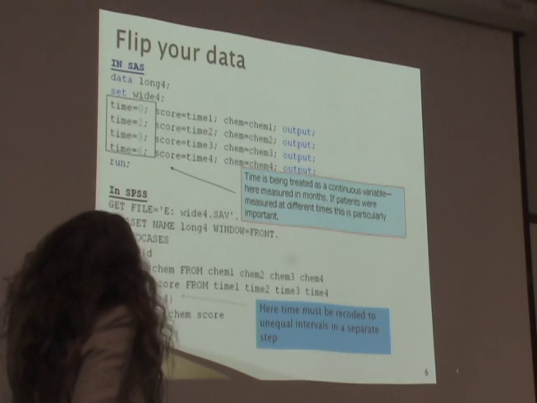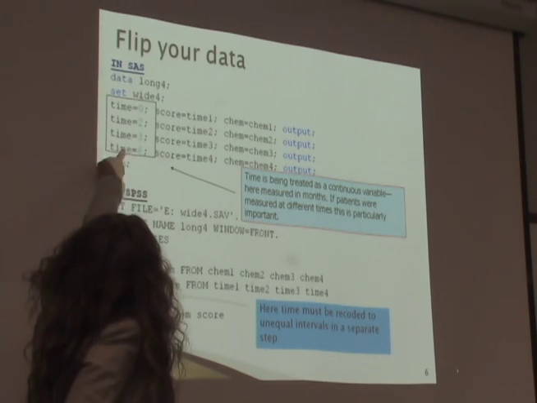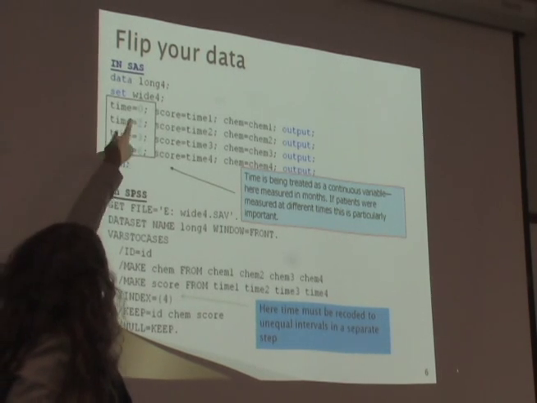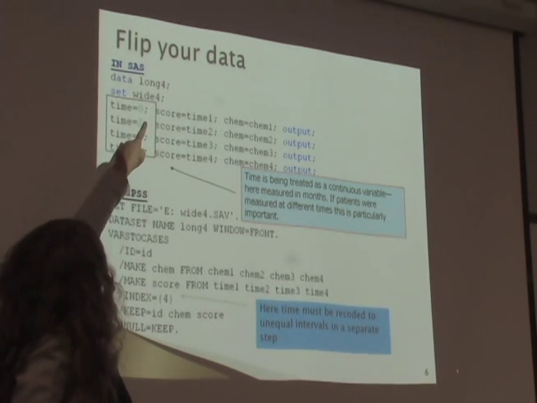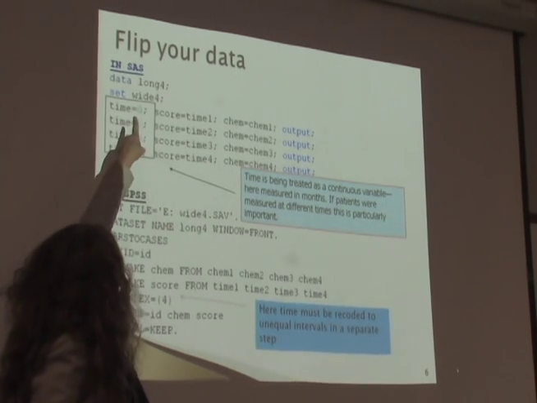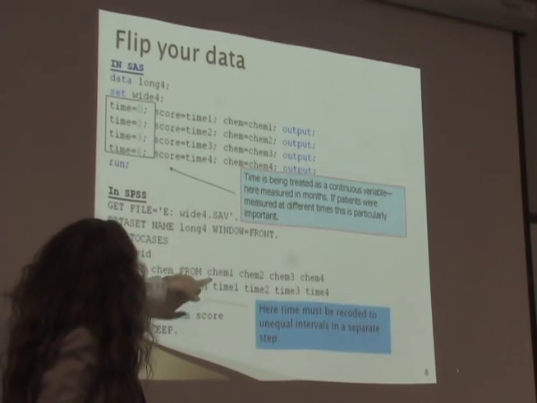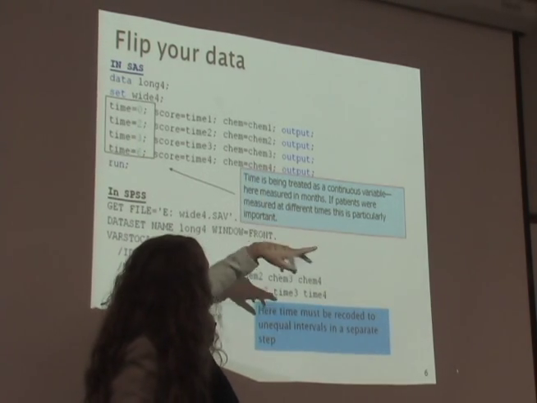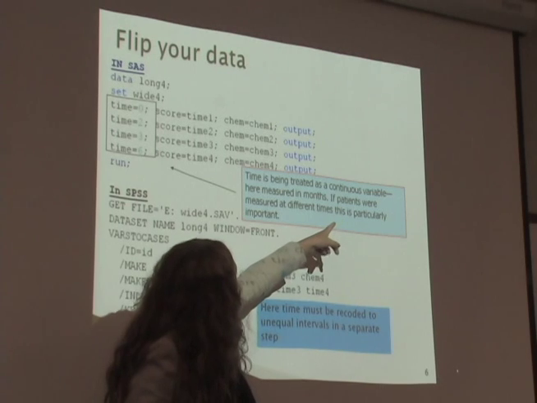So here's an example of SAS code. Here's an example of SPSS code. The new data set we could call long 4. The set that we're reading in we can call wide 4. So that's there and there. In the SAS example, we can add time as a continuous variable.